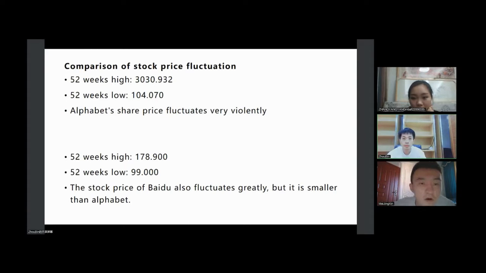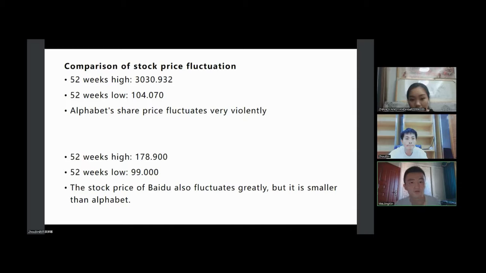Okay. Comparison of stock price fluctuation. Alphabet's 52 weeks high is 130.932, and 52 weeks low is 104.07. Alphabet's share price fluctuates very violently. For Baidu, the 52 weeks high is 178.9 and the 52 weeks low is 99.